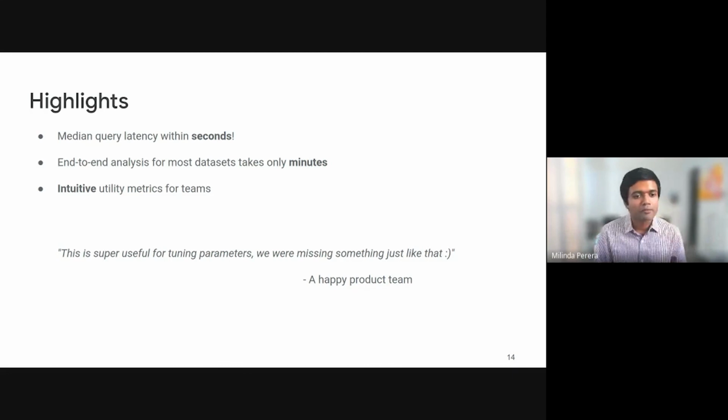And we found through our internal studies and experiments that product teams do find this analysis quite intuitive and useful, and they are able to find the right differential privacy parameters through this analysis, and that's what our goal is, right? To make differential privacy more useful.